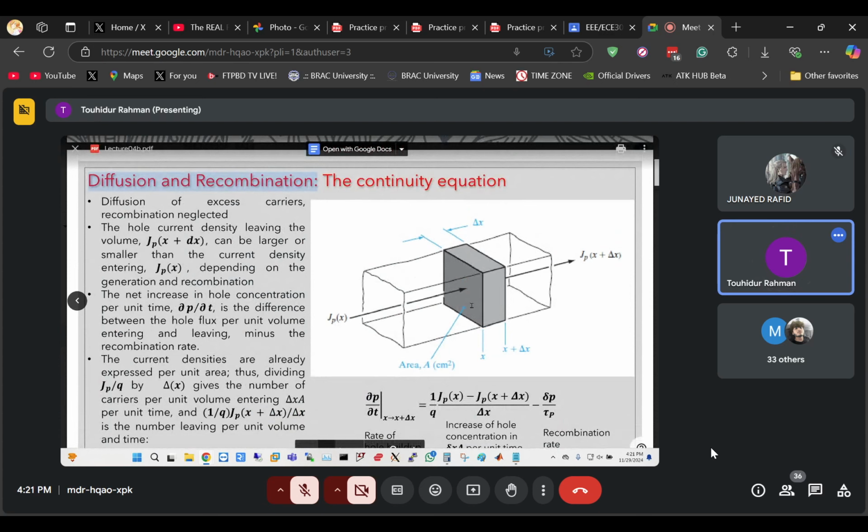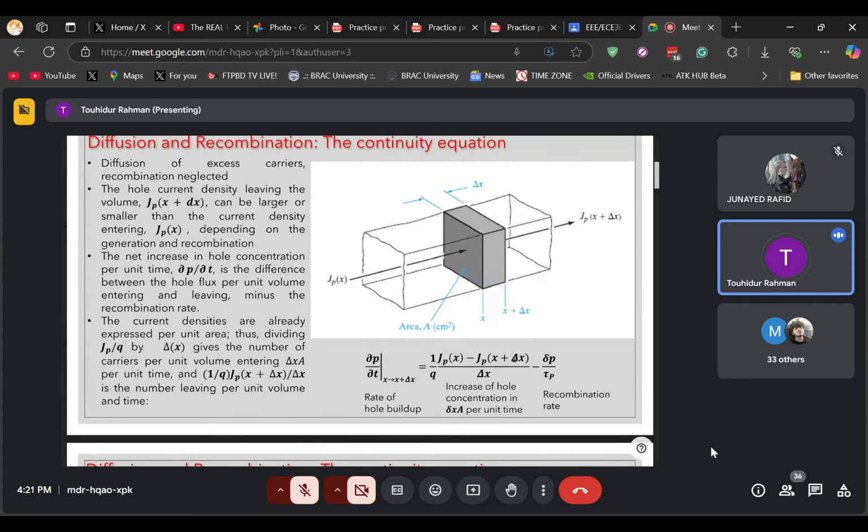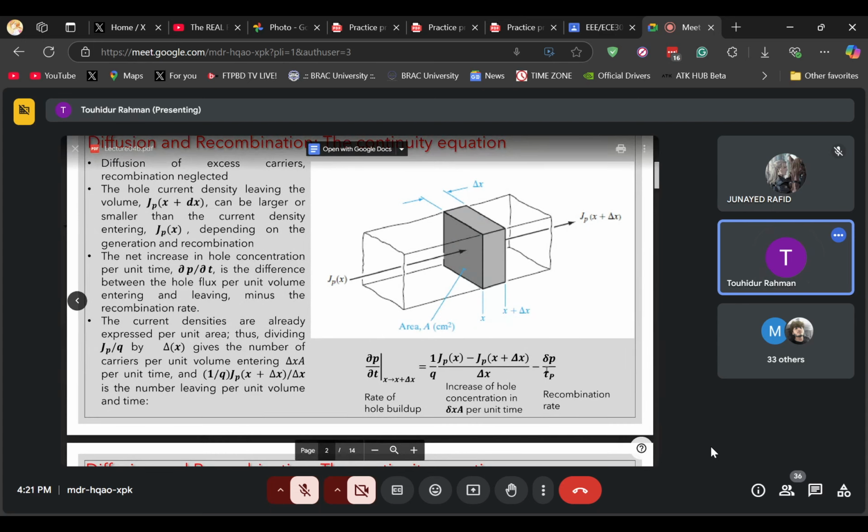However, just like that water tank, if we have a leakage, the build-up will be slow because we are leaking some of the water. With the same concept, the leakage of water can be applied as recombination in a semiconductor system.